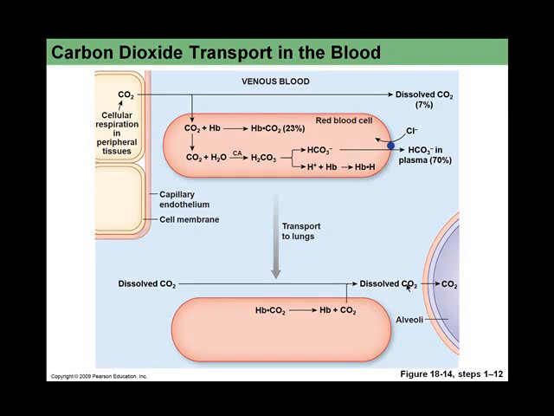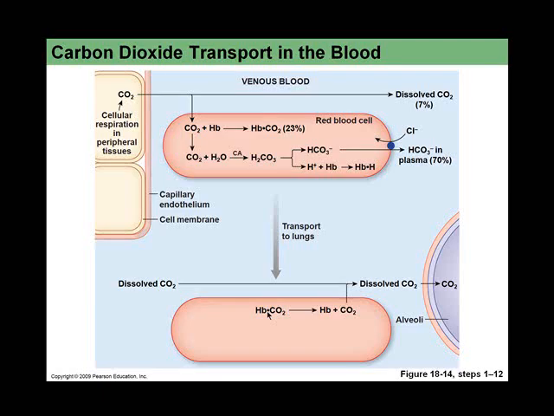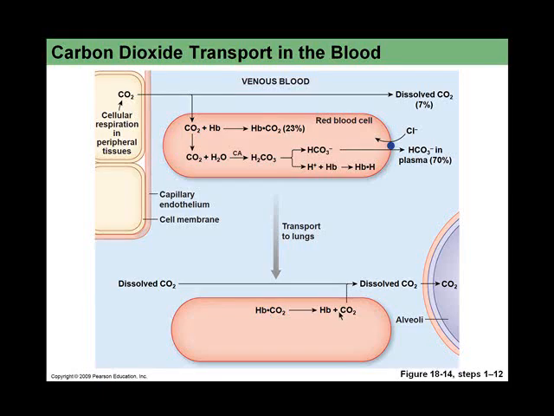And so as soon as we get there and some of this is passing out, then it's going to reverse the situation so that you no longer are favoring the formation of the carboxamino hemoglobin, and that's going to dissociate, and then the carbon dioxide, remember this is freely soluble, passes freely through the membranes, so we don't need any enzyme reaction there.